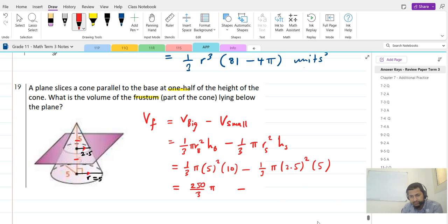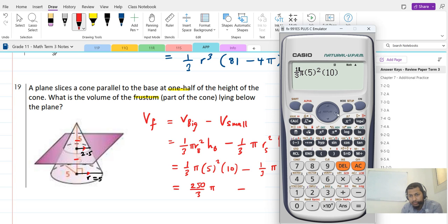minus, remember this is 2.5 and 5 now, that's 125 pi over 12.